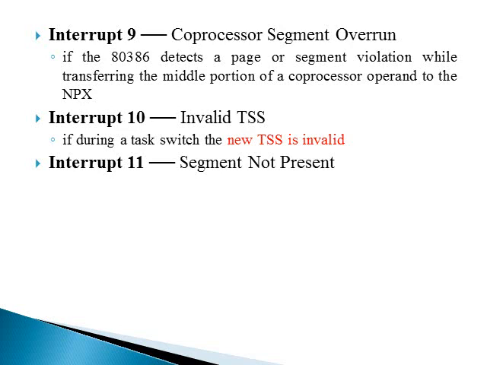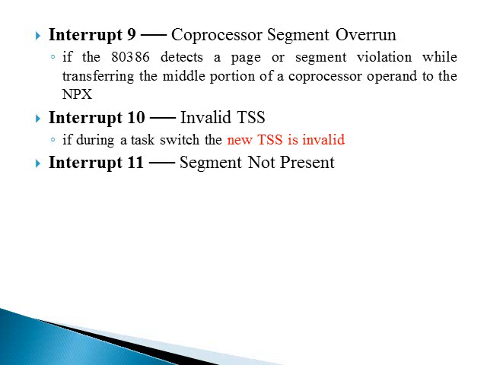There are different cases for which this invalid TSS exception is raised, like when the limit in the TSS descriptor is less than 103, when an invalid LDT selector or LDT not present is reported, when the segment selector is outside the given limit, when the stack segment is not writable, when the stack segment DPL, that is the descriptor privilege level, does not match the new CPL, and so on. This invalid TSS is a fault which can occur either in the original task or in the new task.